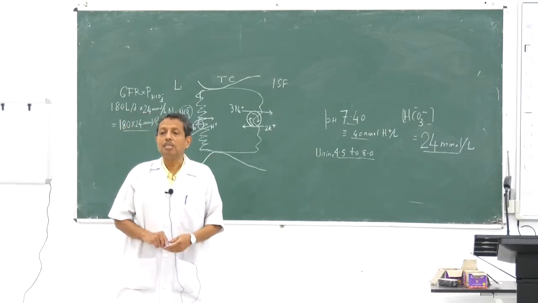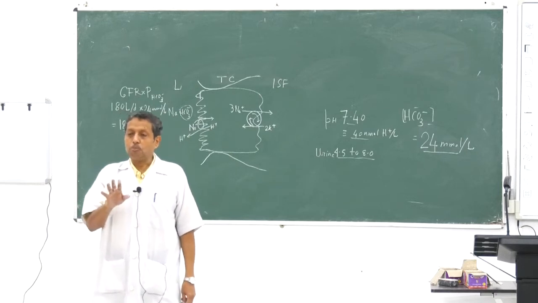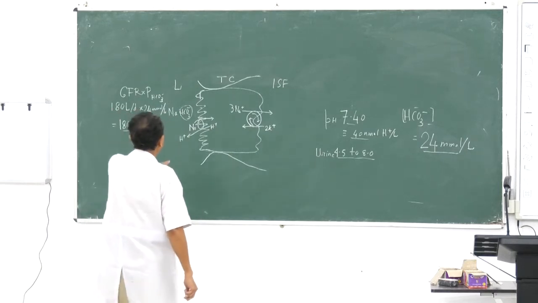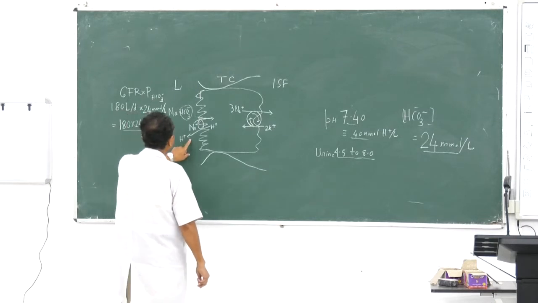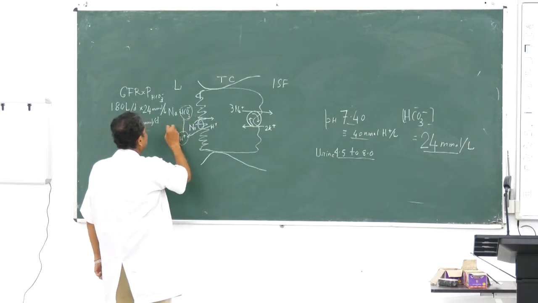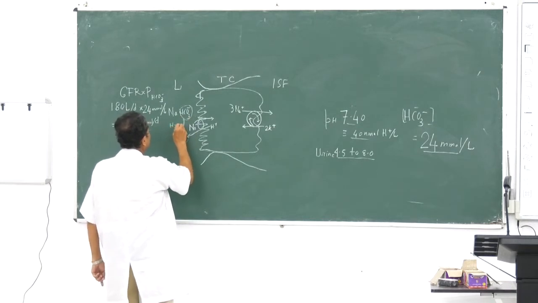Now in the proximal tubule, the hydrogen ion that is appearing will react with this bicarbonate and they form H2CO3.